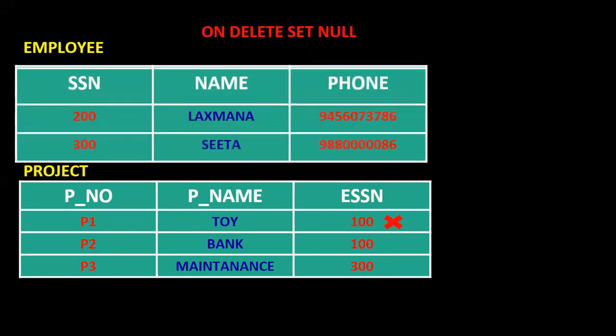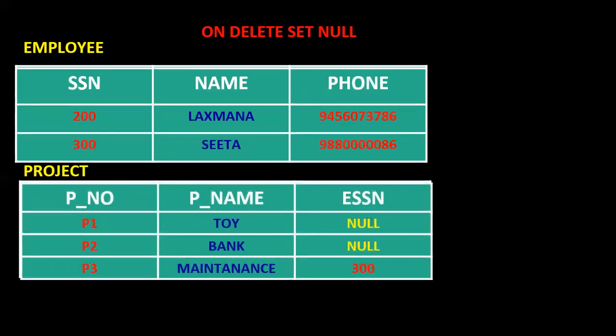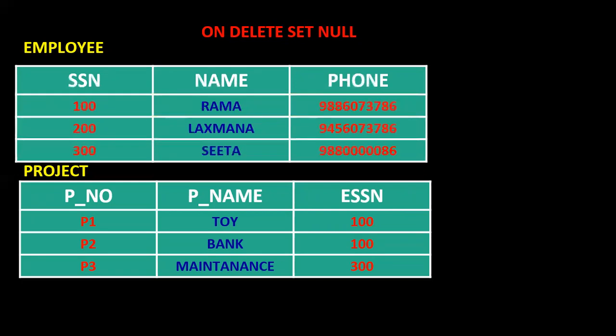So this is none. This is not allowed here because 100 is not available now to work on P1 and P2. What we can do is set it as null. It means P1 and P2 are not assigned to any new employee. ESSN is null, meaning no one is working on P1 and P2. Let me repeat this.